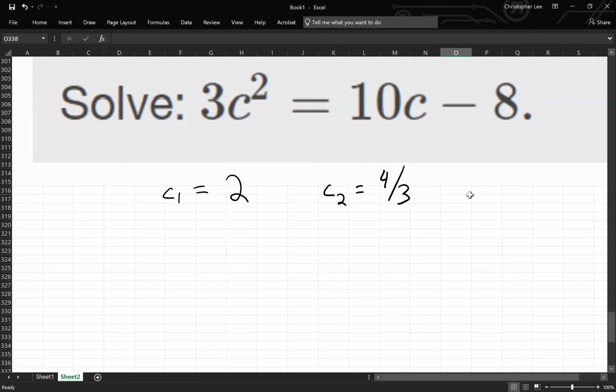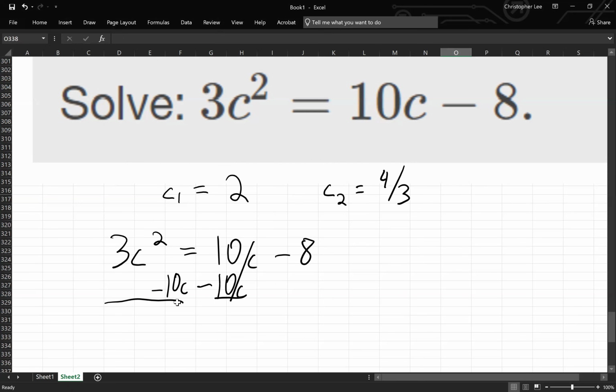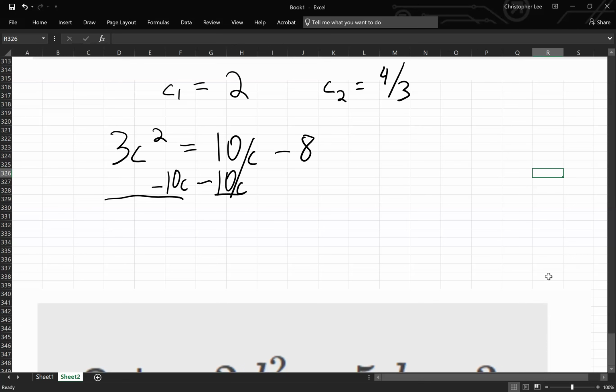Okay. All right. So we have 3c squared is equal to 10c minus 8. Remember, you want to put everything on one side, right? So I'm going to subtract the 10c from over here. If I do to one side, I got to do to the other.